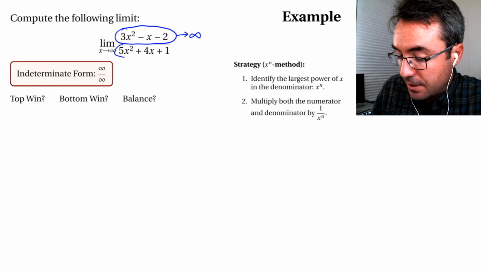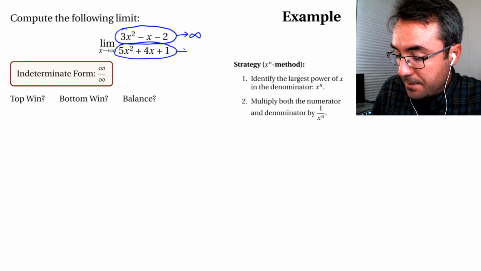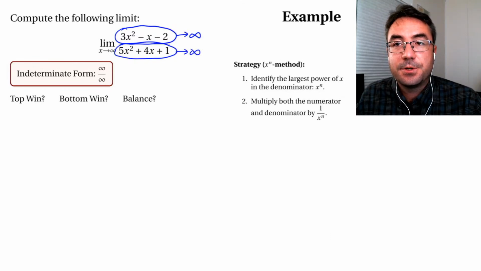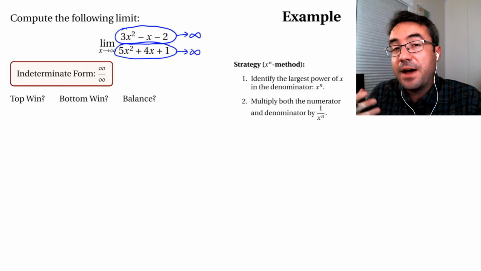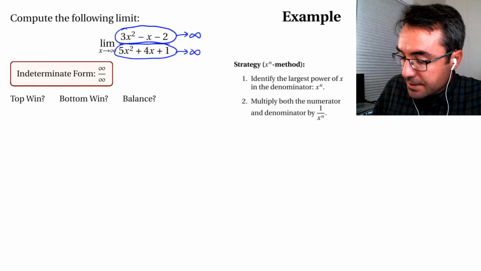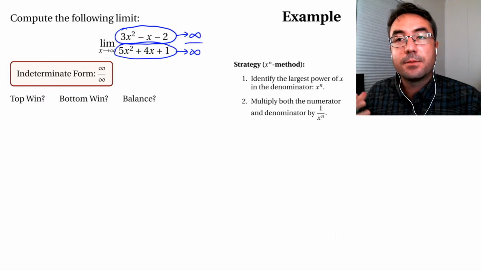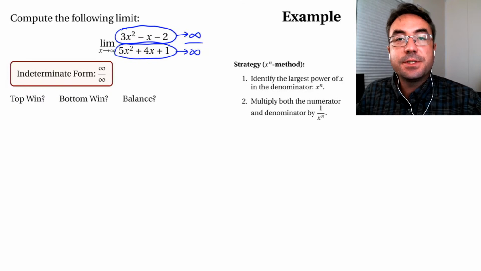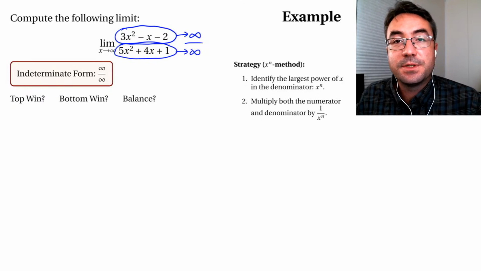As the input gets larger and larger positive, the output is getting larger and larger positive. If x is large positive, 5x squared is going to be even larger. And so the numerator is going to infinity, the denominator is going to infinity, and so this is one of our indeterminate forms that we're always going to have to deal with.